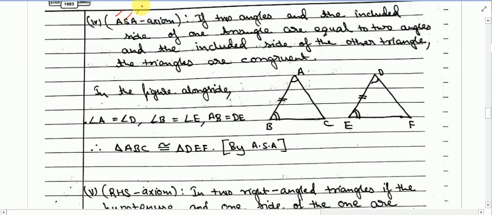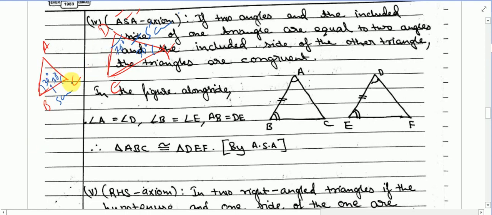Then comes angle side angle. There is one triangle, let's say ABC, and here I have DEF. Now this angle, let's say 30 degree, this side is 5 centimeter, here this is 30 degree, this is 5 centimeter, and this is let's say 70 degree, and here it's 70 degree.